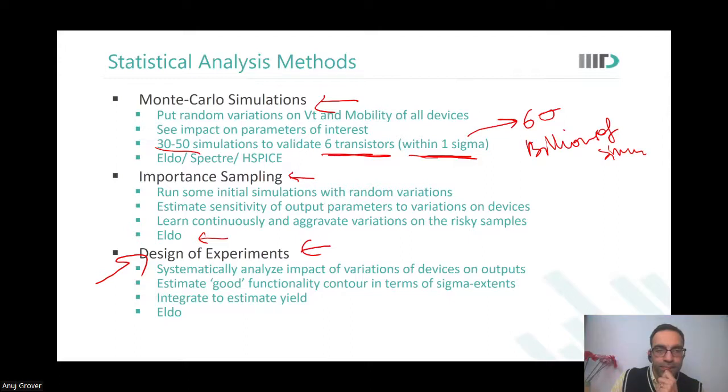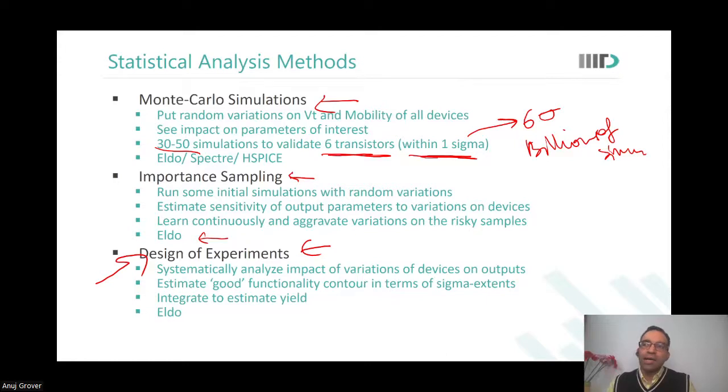Sir, could you explain more about this importance sampling and design? Okay, so importance sampling means that I tell the simulator that I want to measure, let us say, write time. And I tell it that larger write time is the risky thing for me. So the simulator will run the first 100 simulations with completely random distribution on its variables.